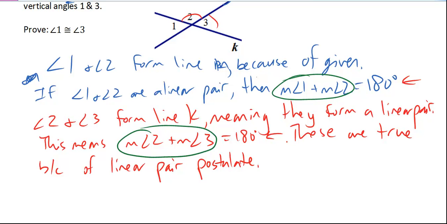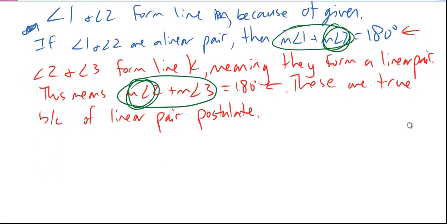They must have the same amount of money because they're both adding it to my amount and equaling the same thing, right? So this means that if 1 and 2 equal 180 and 2 and 3 equal 180, since they both include angle 2, there's only one thing we can conclude, and that is that 1 and 3 are the same.